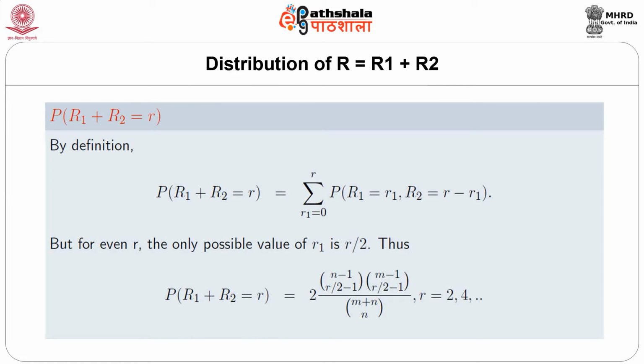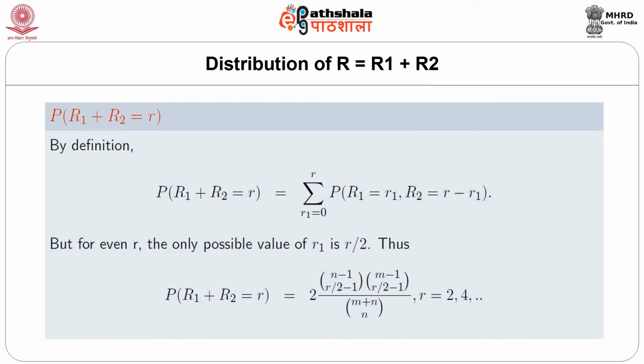Next, we shall obtain the distribution of R, that is, the distribution of R1 plus R2. Note that here R1 and R2 are not independent. In fact, they are dependent and they have a joint distribution. So the probability that R1 plus R2 equals r is the summation over r1 from 0 to r of the joint probability of R1 equal to r1 and R2 equal to r minus r1.